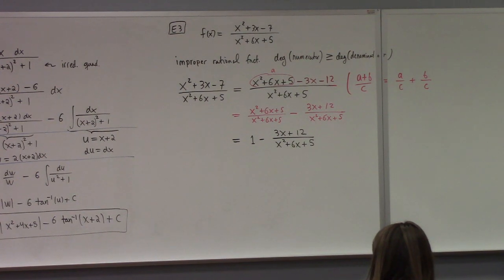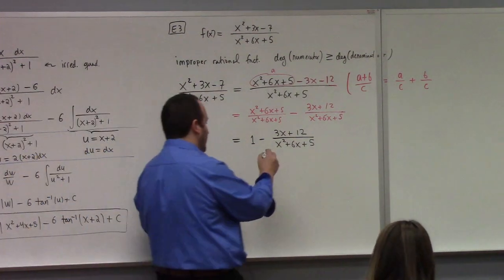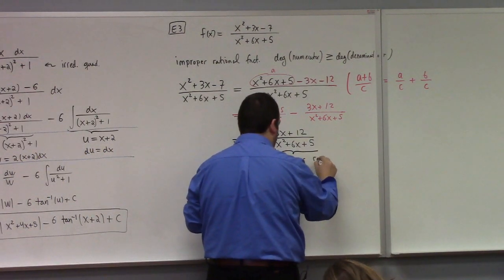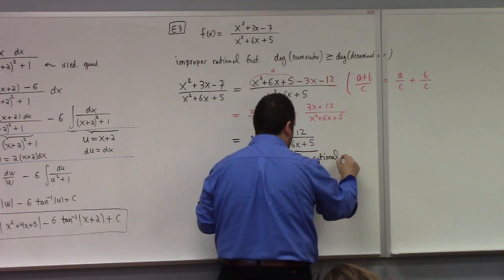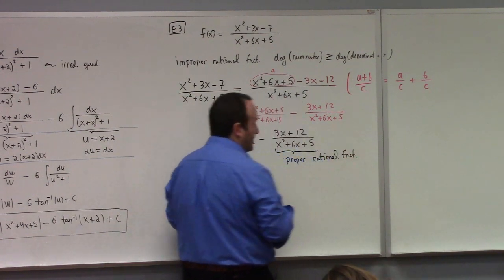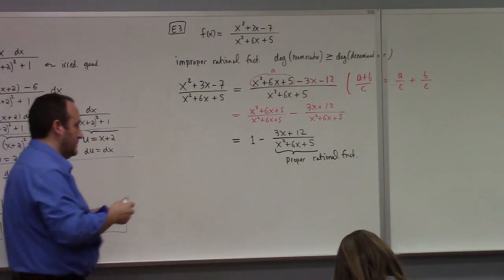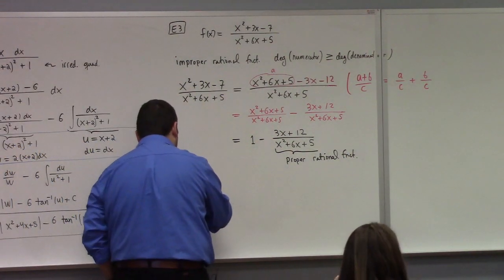Now, to decompose the rational function, excuse me, now this guy is a proper rational function. A proper rational function is the thing we do the partial fraction decomposition on. So how to do that? Factor the denominator.